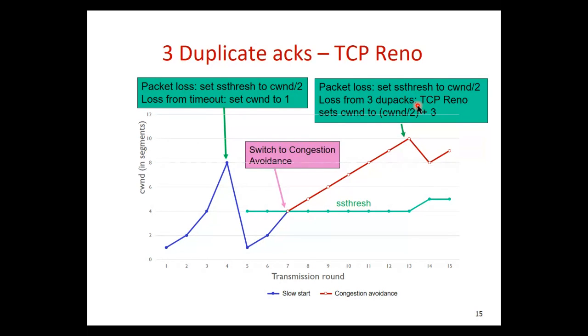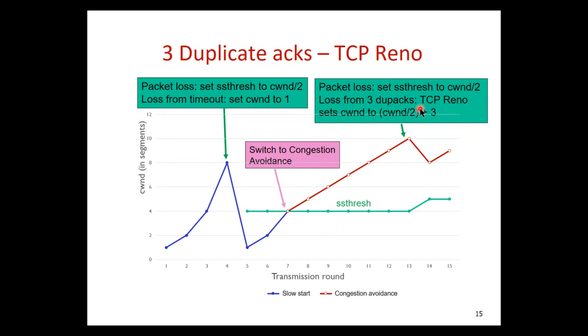the loss is not as severe as the case of timeout, because when there is a timeout, really the sender receives nothing, no acks, nothing, right? Nothing came back. If you compare with the case where it still received 3 duplicate acks, it's reasonable to say that there is congestion, of course, because the packet is lost, but the congestion is not as bad as the case of timeout.